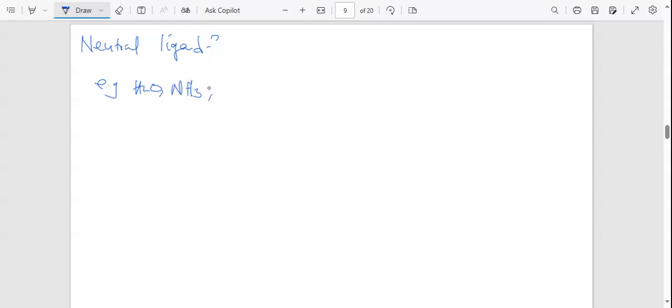These ones have zero charge. We can also talk about carbonyl, which has zero charge. So those are what we call neutral ligands. They do not have a charge, so their charge is zero. They are neutral. So that's about neutral ligands.